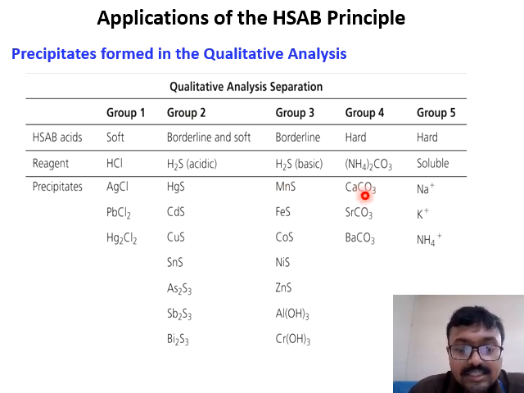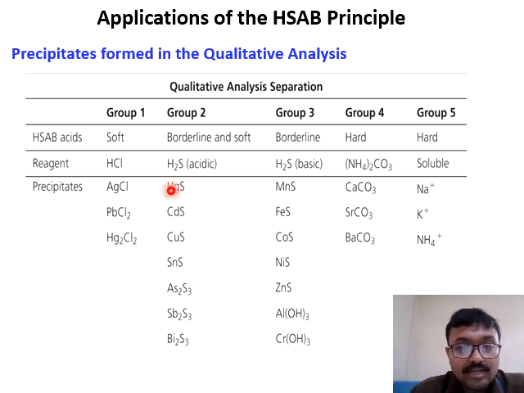If we see carbonate, it is hard, and calcium is a hard acid, carbonate a hard base. So calcium carbonate is a hard combination, stable and precipitated. If we check manganese sulfide, manganese 2 plus is borderline, and sulfide is soft, right? Therefore if we use H2S, manganese sulfide is precipitated.